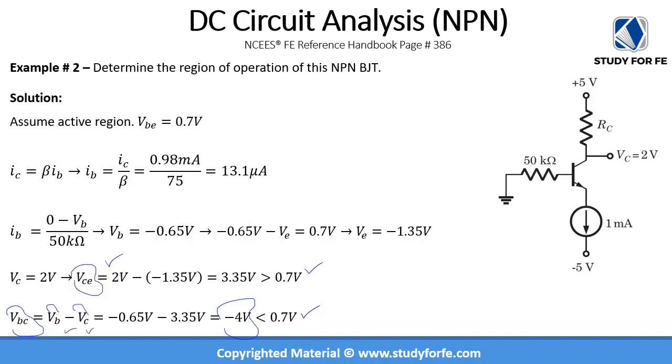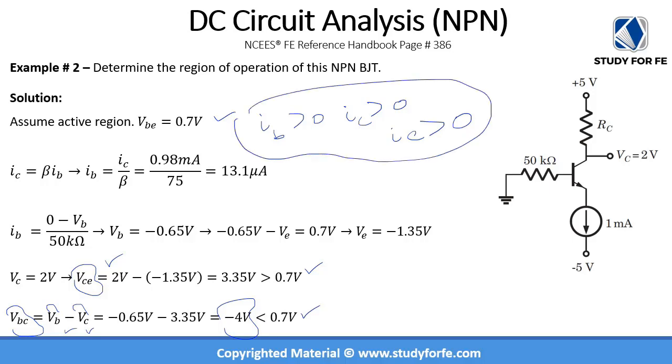So VBC is actually reverse biased, which meets the requirement for the active region, because for the active region, you have to have VBE forward biased. The other condition is that IB should be greater than 0, IC should be greater than 0, and IE should be greater than 0. In active mode and saturation mode, you have all of these currents positive, whereas in the cutoff mode, all of these currents are equal to 0.